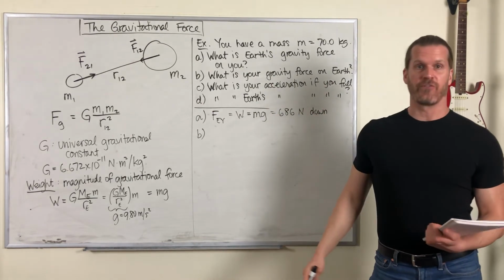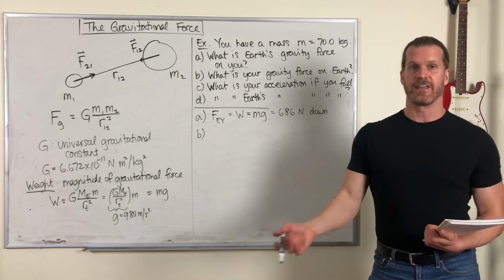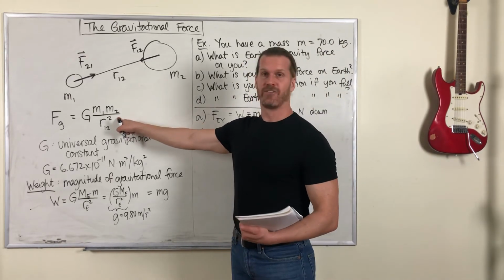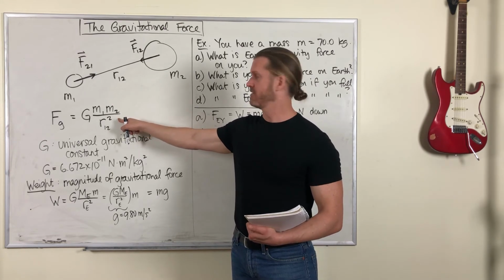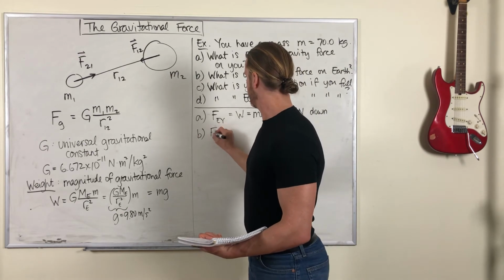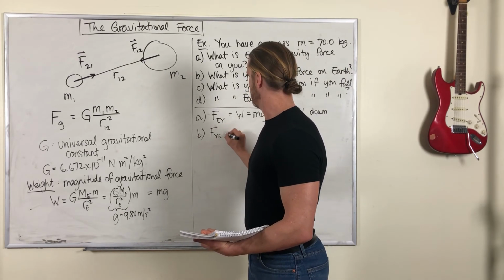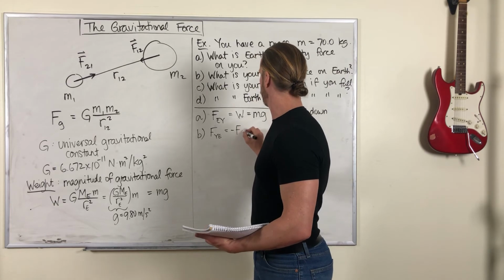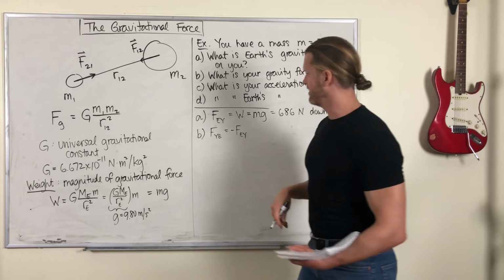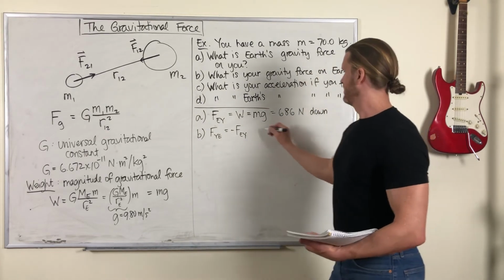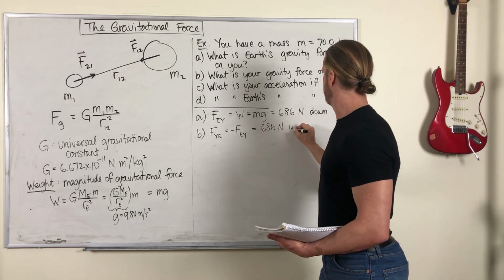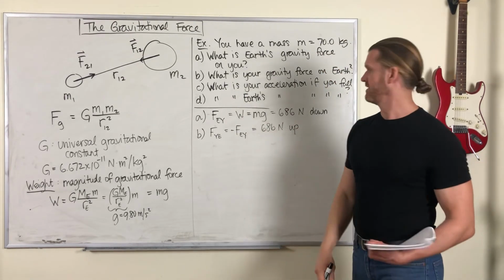What's your gravity force on the Earth? You can answer this either by plugging into Newton's gravity equation, or you could just use Newton's third law of motion, which says that the force of you on the Earth is minus the force of Earth on you, which would be 686 newtons up.